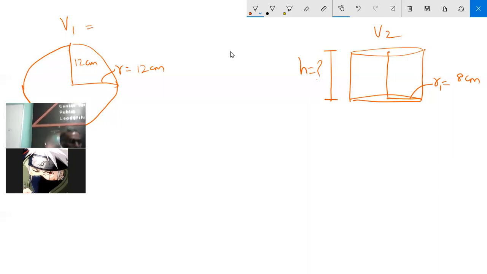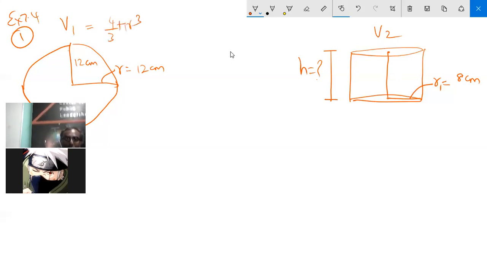Volume 1 is equal to how much? This is exercise 7.4, first sum. Volume of a sphere is how much? What is the formula? You should know all this by heart. 4 divided by 3 pi r cube. 4/3 pi r cube, correct.